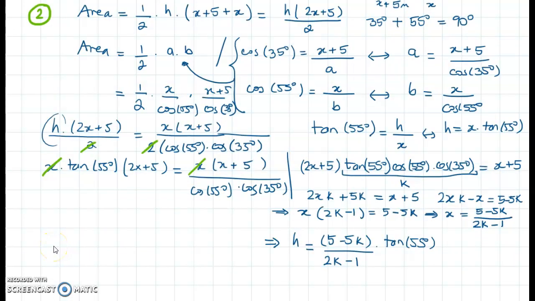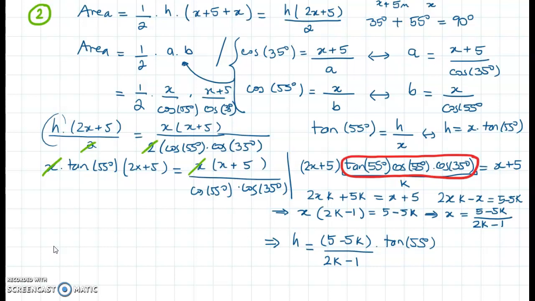Okay, so you can see how I managed the algebra over here to get to the result of finding first x and then h. You may notice that over here I had this long expression with tangent 55 times cosine 55 times cosine 35. I just call all of that k because it's just a number, and that helped me to be able to deal with the algebra more easily.